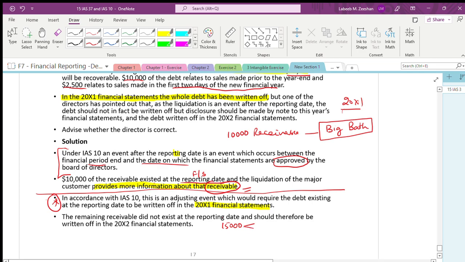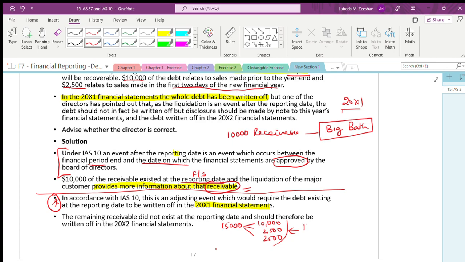15,000 is divided: the first year is 2,500, the second year is 2,500. Whenever you are writing off, you have to write off by creating the provision.